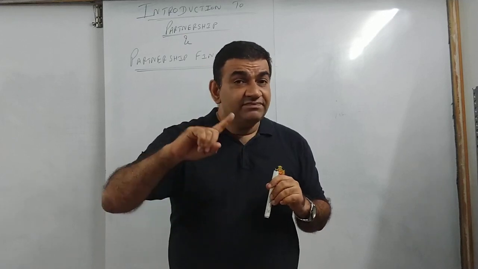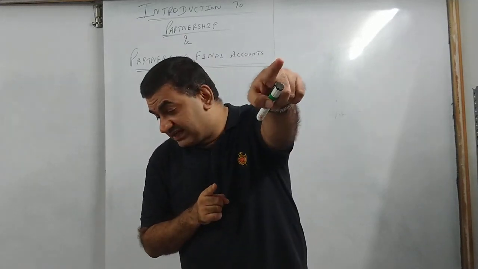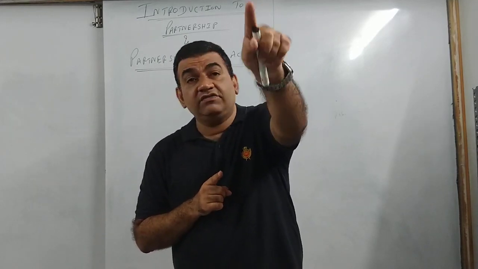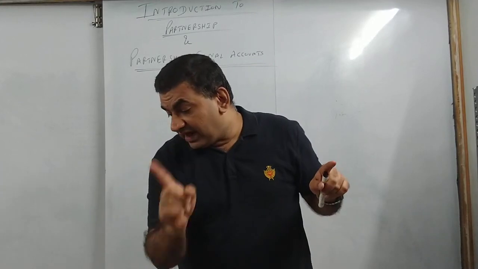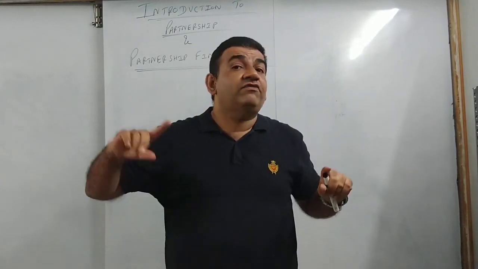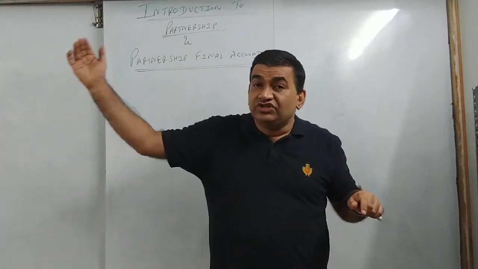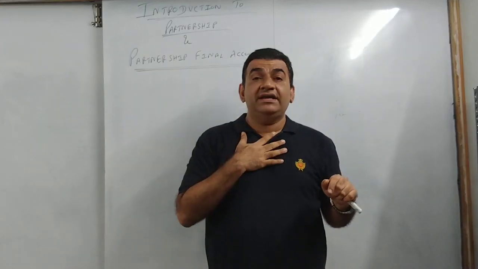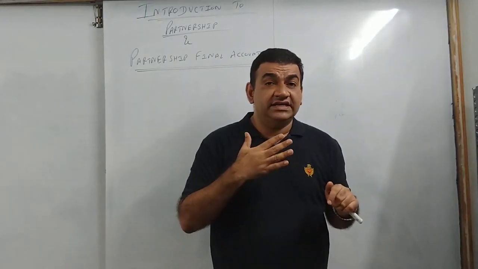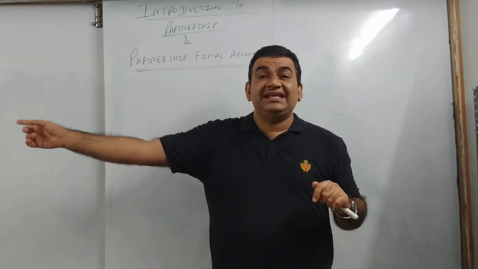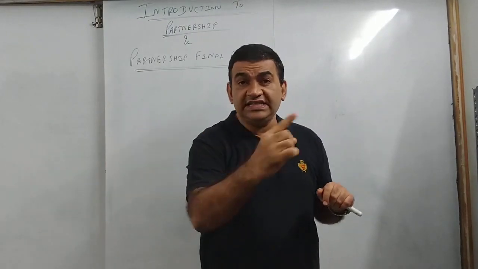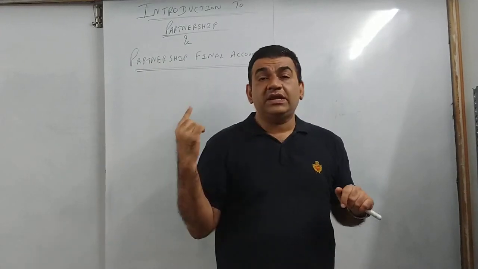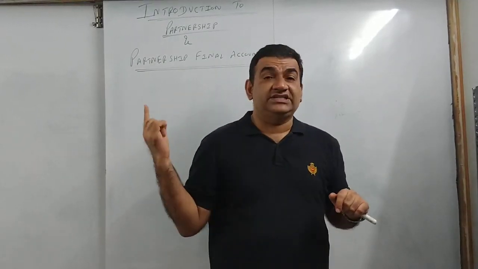He becomes principal for outsiders. See, it's written there. Each partner works in two capacities, principal and agent. A partner acts as a principal for outsiders. For outsiders, he is the principal. Why? Because it is his business. He is the owner. So outsider ke liye he is the principal. But when it comes to partners within themselves, all of them are equal, so they become the agent.